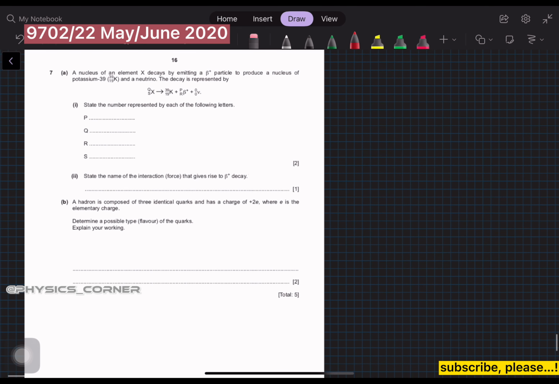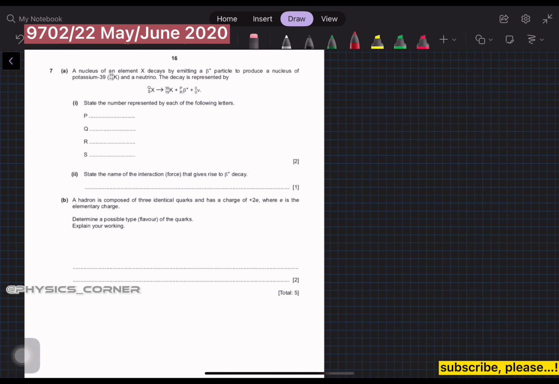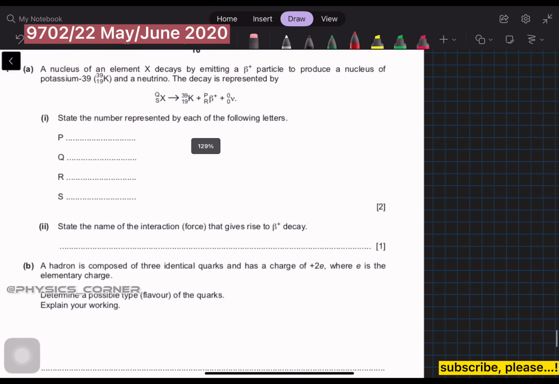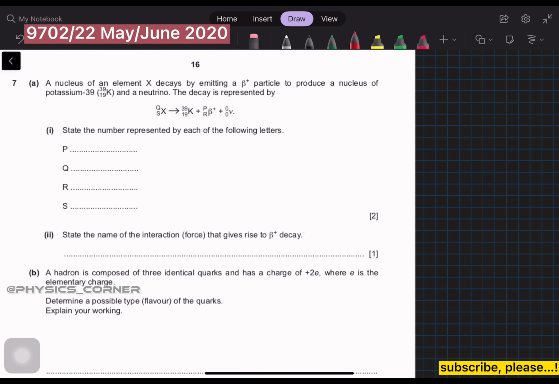One more question, question 7. A nucleus of an element X decays by emitting a beta positive particle to produce a nucleus of potassium 39 and a neutrino. The decay is represented by the equation; state the number represented by each of the following letters.